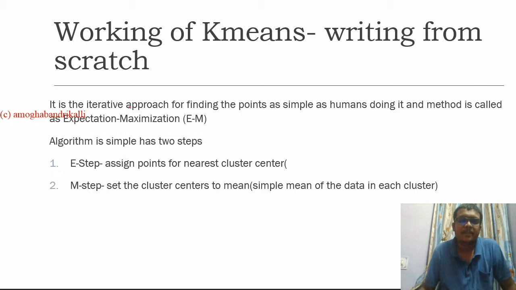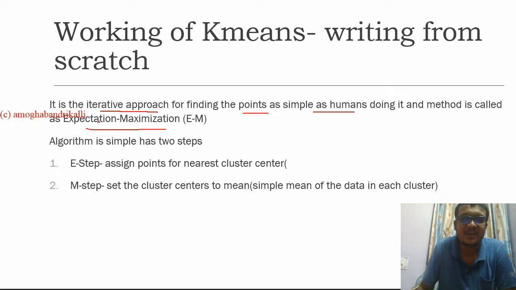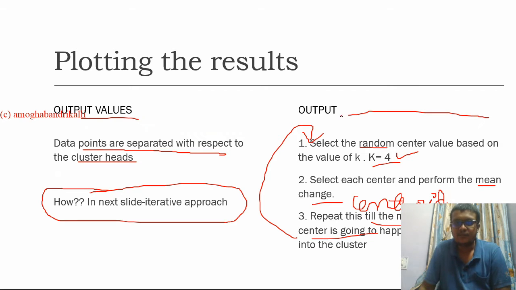Here we have several contexts of expectation maximization. It is an iterative approach for finding the points, as simply as humans would do it. This method is called expectation maximization. For every iteration, these points are going to be covered.